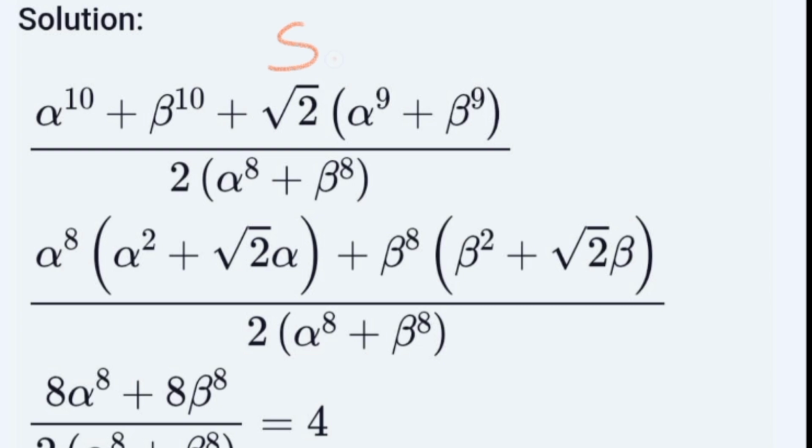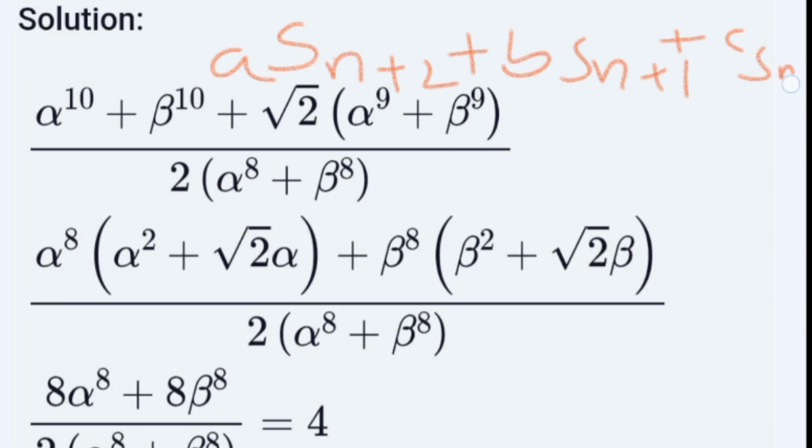Newton's identity: a into Sn plus 2, plus b into Sn plus 1, plus c into Sn is equal to 0. So that means we know the equation x square plus root 2x minus 8 is equal to 0. Substitute these values, then x square means Sn plus 2, so the coefficient is 1.